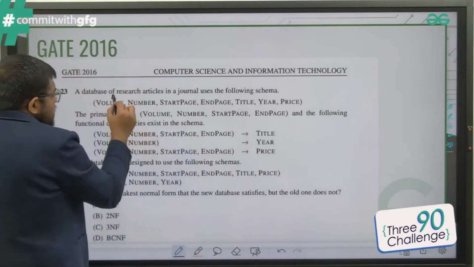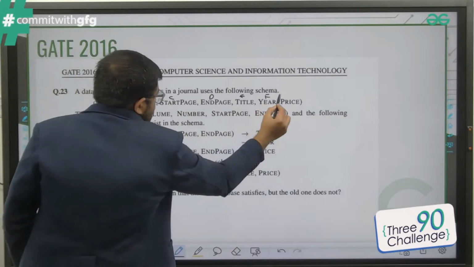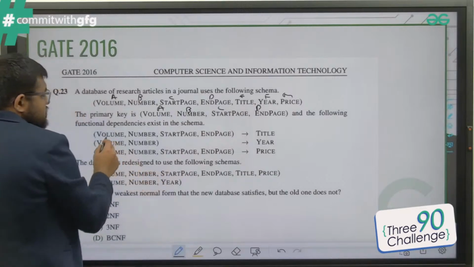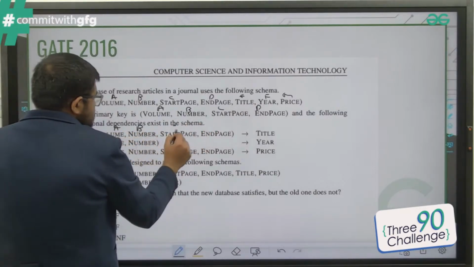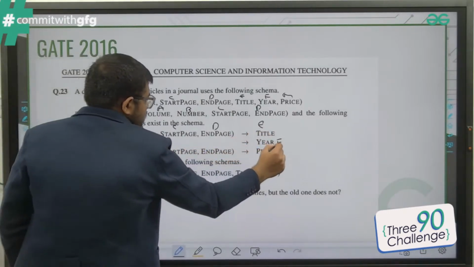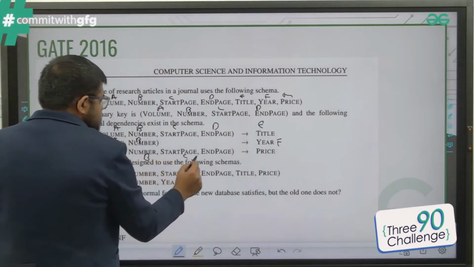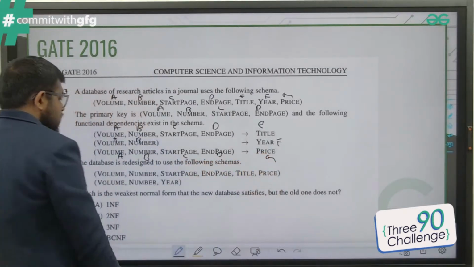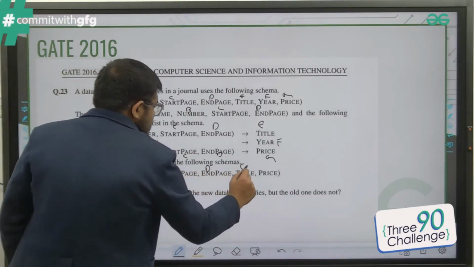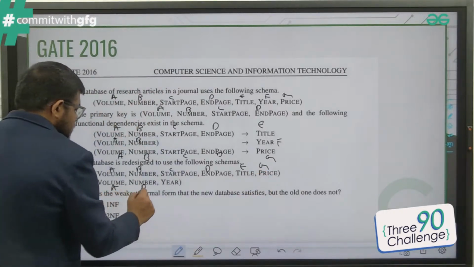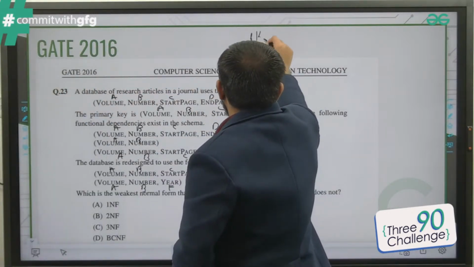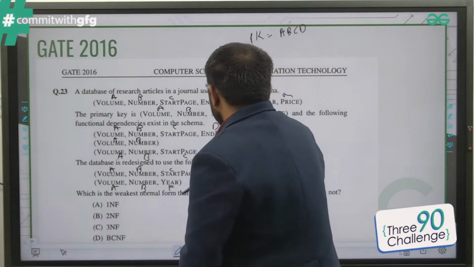I can write this as A, B, C, D, E, F, and G. Primary key is A, B, C, D. A, B, C, D gives me E. A, B gives me F. A, B, C, D gives me G. This is A, B, C, D, E, G, and this is A, B, and F. So the primary key is A, B, C, D, right?